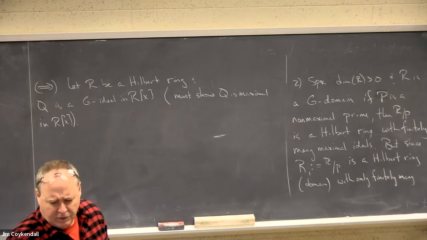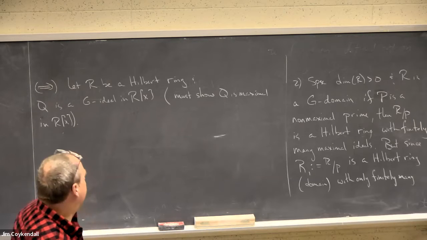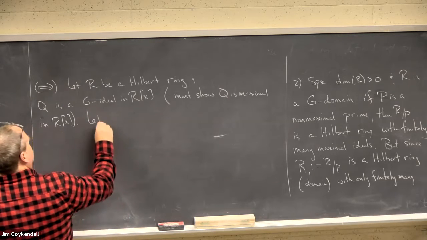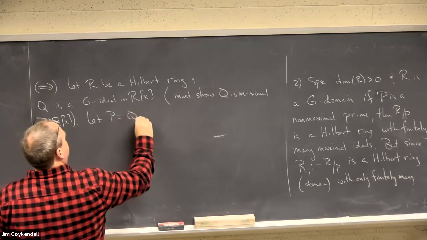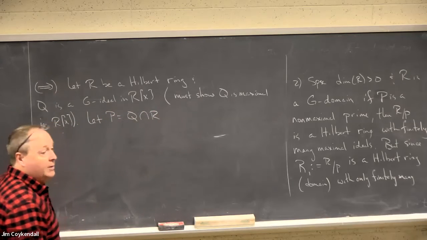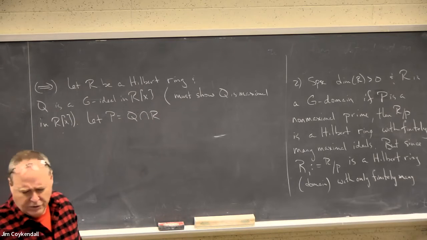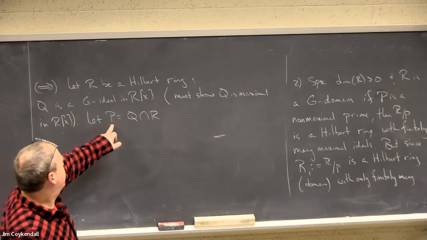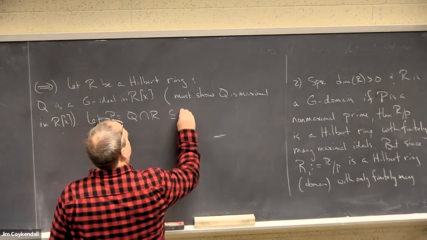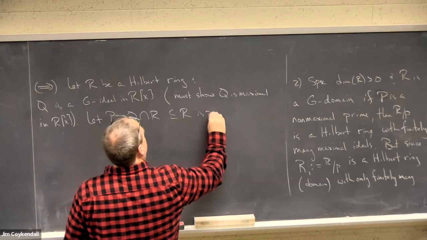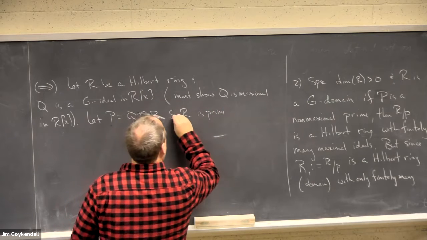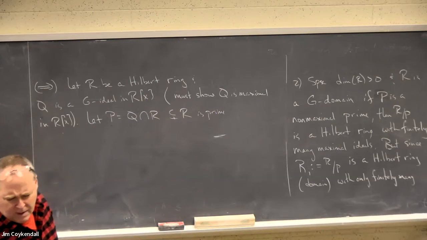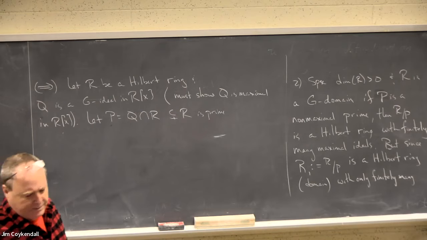So what we're going to do is contract Q down to R. I'm going to do this trick that I've done before by passing through the quotient. So let P be the contraction of Q down to R. This is a prime ideal. And we're going to pass to the quotient.